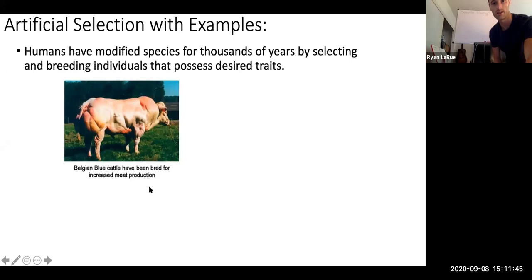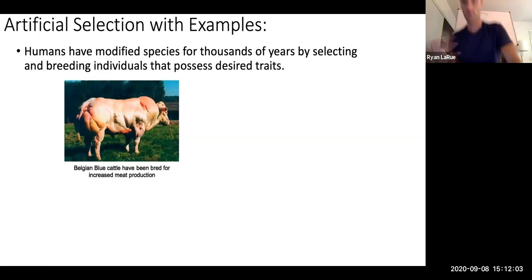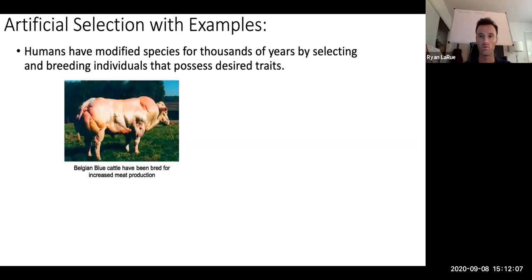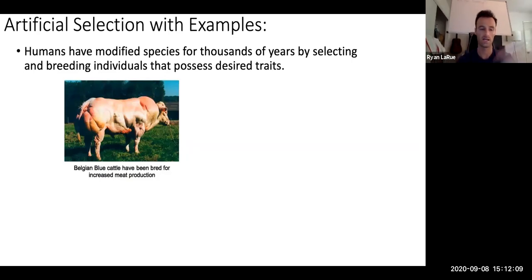Desired traits. So Belgian blue cattle have a lot of meat, a lot of muscle tissue that, of course, would be used for meat production. So really what's happening, and remember last time we talked about mutation and the way in which new traits can come about.